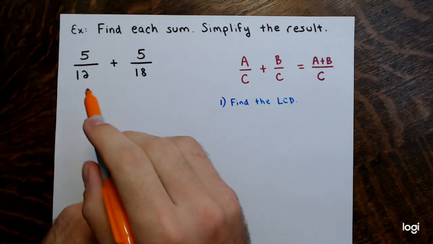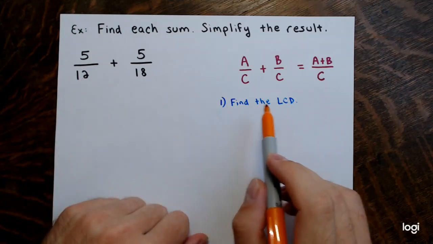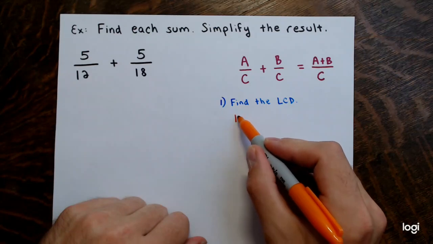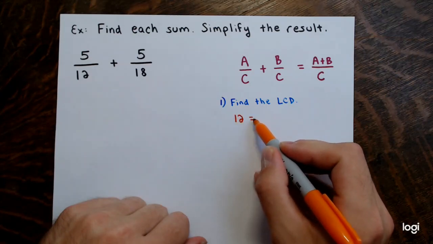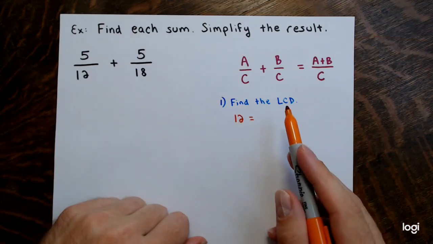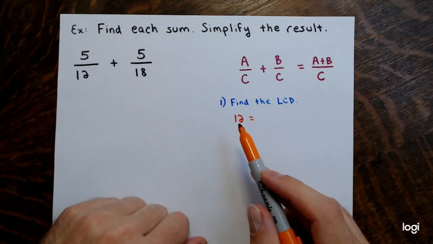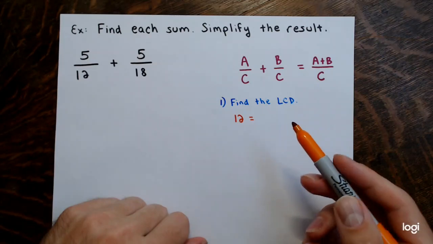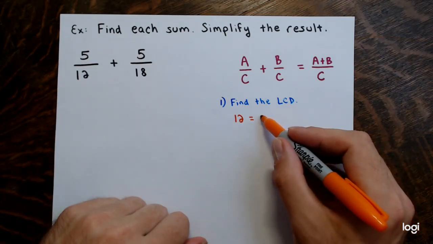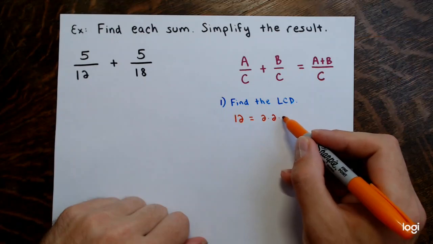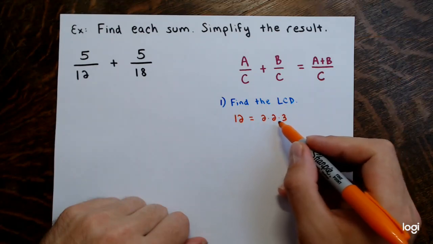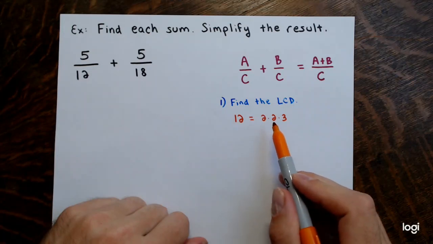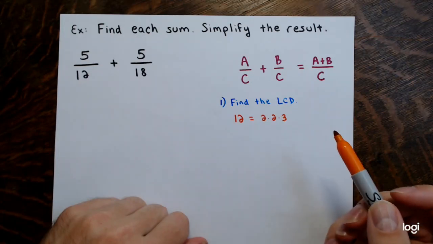Alright, so here I'm going to first find the LCD that's focusing on the two denominators. So one of the denominators is the number 12. And to find this LCD, I'm going to factor all the denominators completely. So 12 breaks down to 2 times 2 times 3, right? 4 times 3, 12. And if you'd like, you can write 2 times 2 as 2 squared, 2 to the second power.